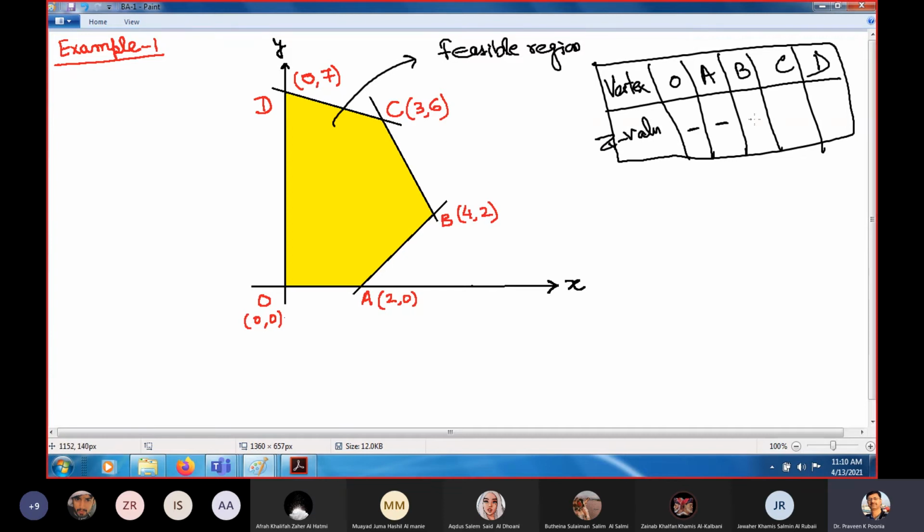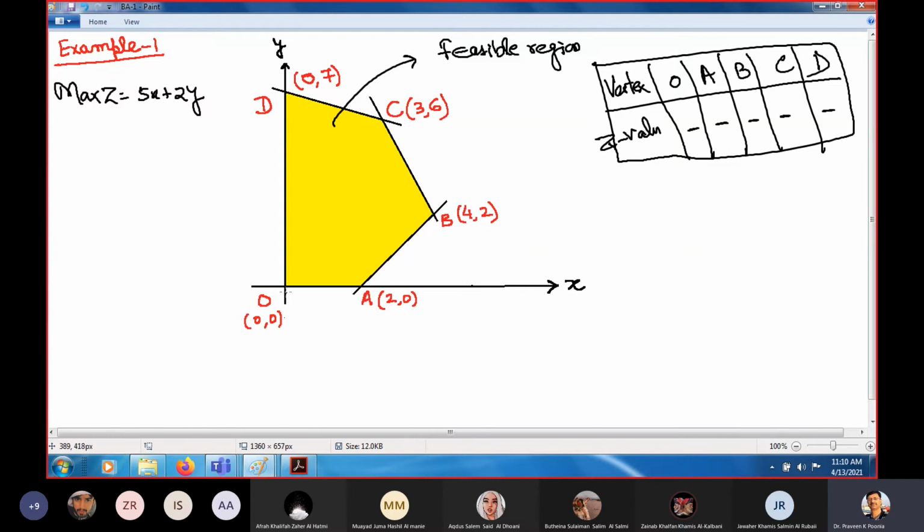This will be a fill in the blank. You need to find the value of Z. So if maximum Z is equal to 5x plus 2y, clear? What point has the maximum value? This you need to find, 5x plus 2y.